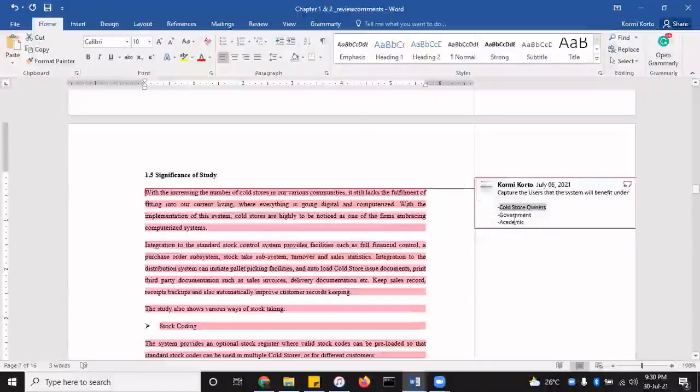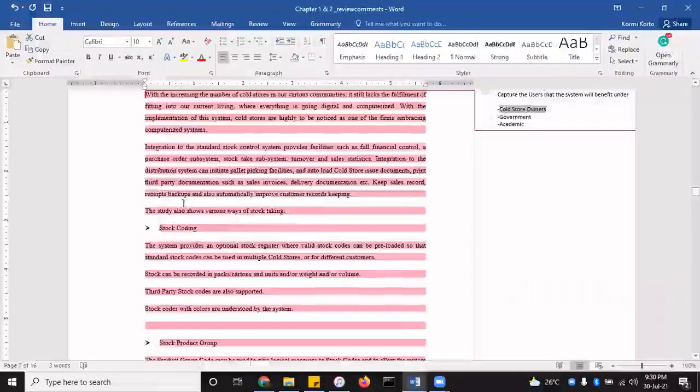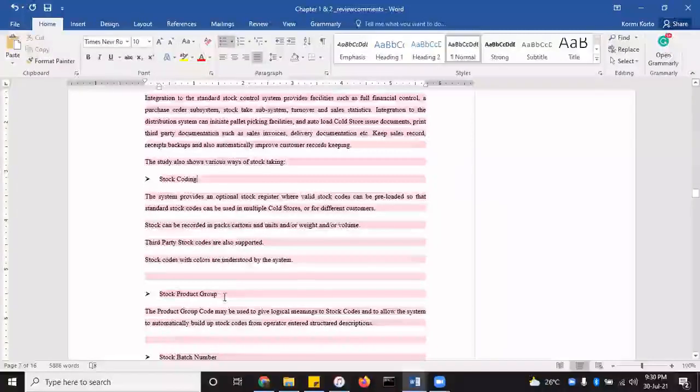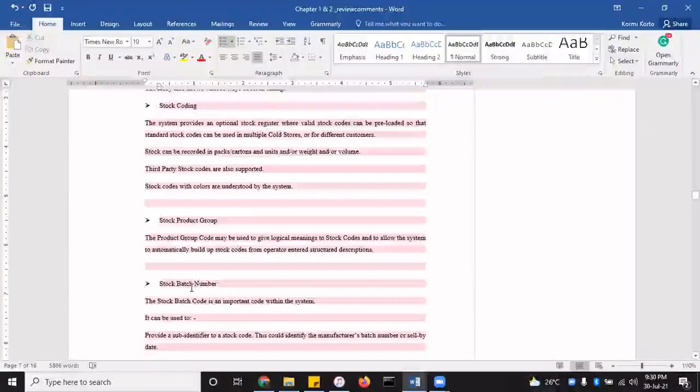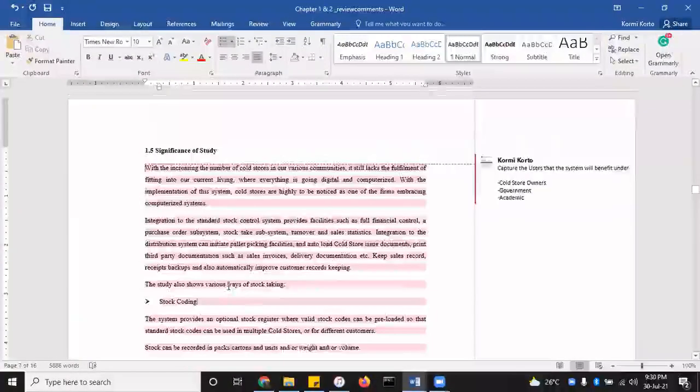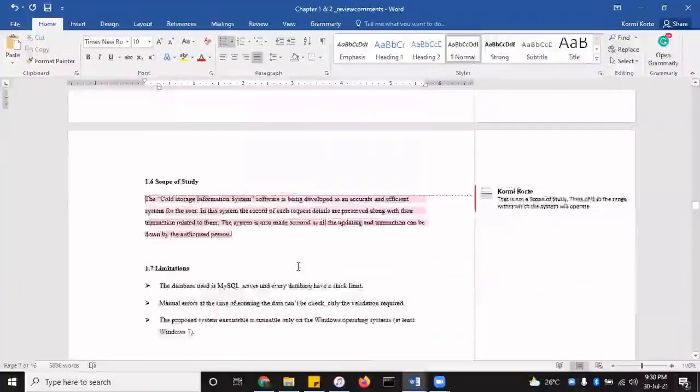Then he elaborates on these three, but he goes about talking about stock holding, stock products group, stock batch numbers. What are all these? Are these significant? You get a picture, right? Yes, sir.